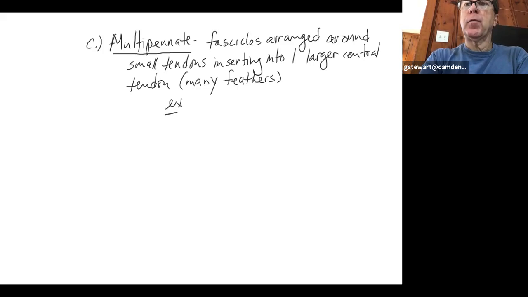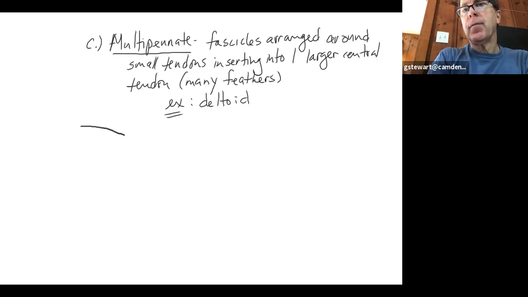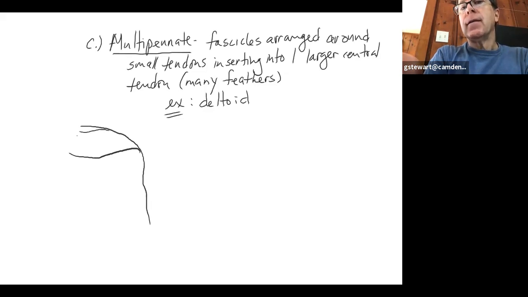Classic example would be the deltoid, the shoulder muscle. And if we dissect the deltoid muscle, it's a triangular shape. I'm just going to draw the shoulder, and the deltoid muscle would be here. There's a central tendon that runs through the middle of this muscle. Let's do a bird's eye view of the shoulder. Here's the deltoid muscle.